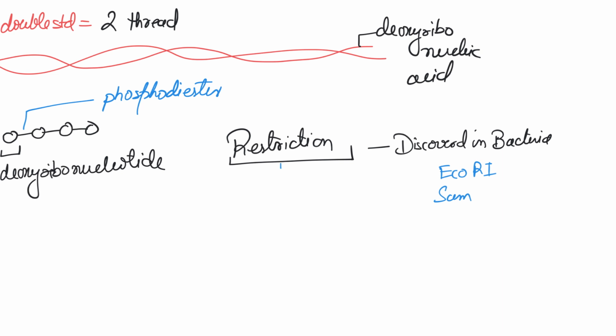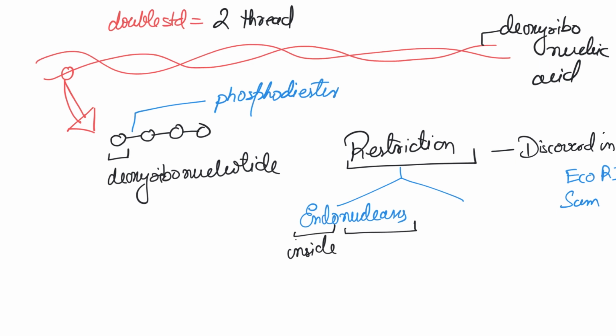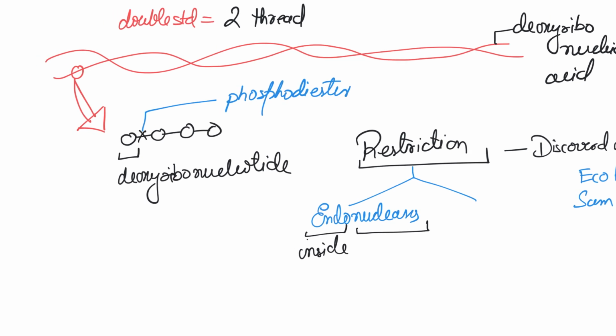Restriction enzymes are of two types. They are endonucleases. Now this should make sense. Nuclease, it will break down a nucleic acid. Endo, it will break it down on the inside, meaning this is where they clip.